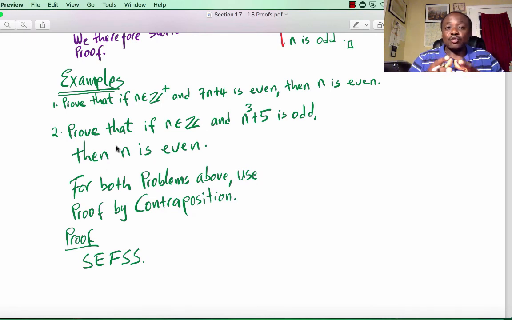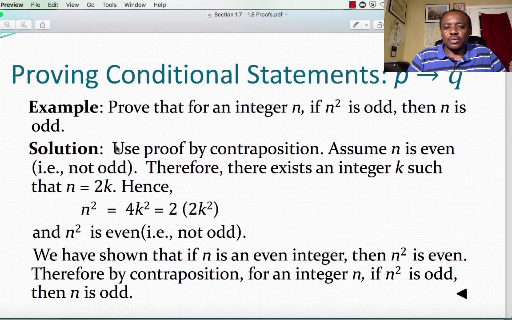Again, I would expect you to provide the proofs of these problems when you submit your content summaries for 1.7 part 2. Beautiful. Let's proceed. Next example. Prove that if n is an integer and n squared is odd, then n is odd.